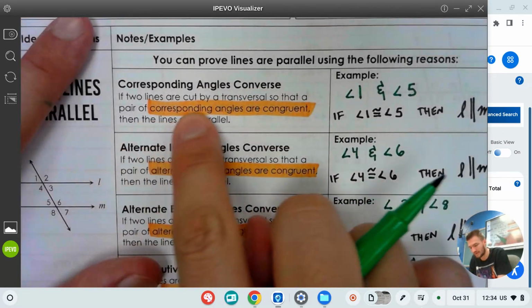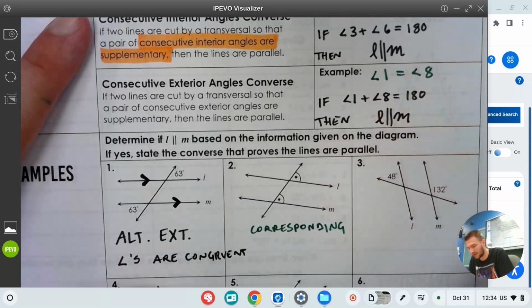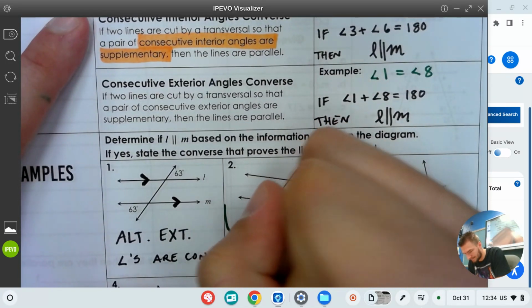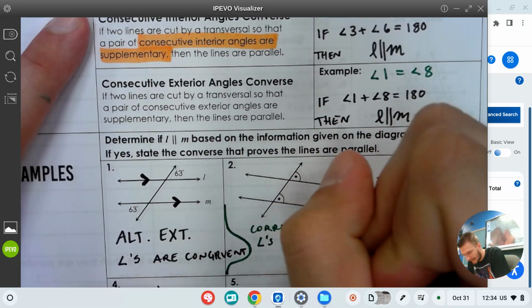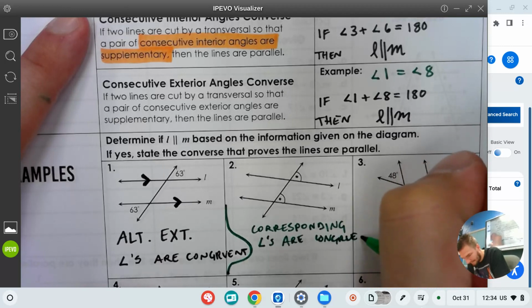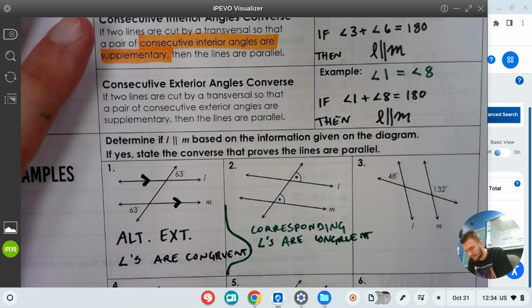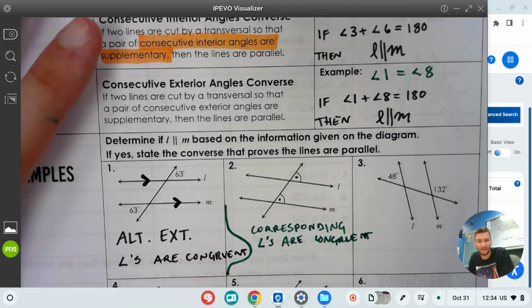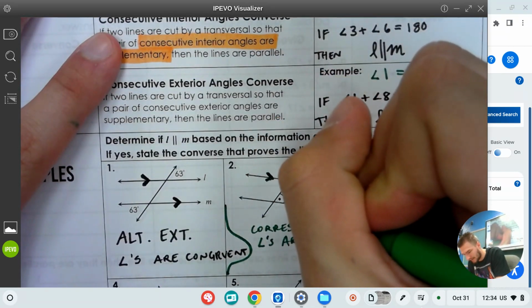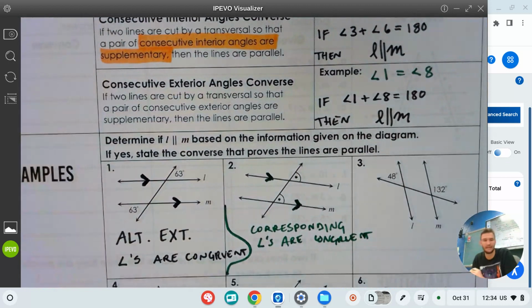Look up here. Corresponding angles are congruent. So we're in good shape. For some reason this kind of leaked into my box, which is annoying. There we go. The angles are congruent. Oh, it's a vicious circle now. And so, if they're congruent, then that means these lines are going to be parallel. Line L and line M are parallel.